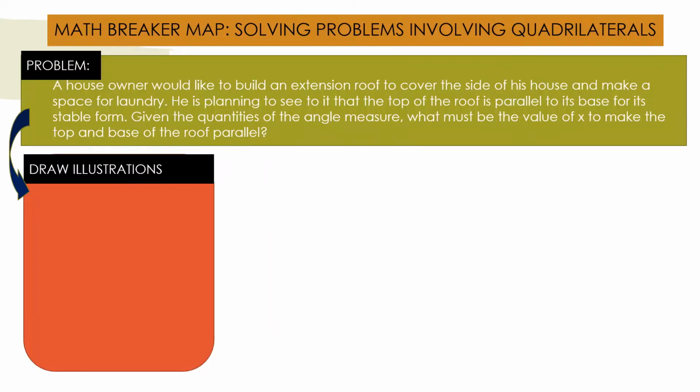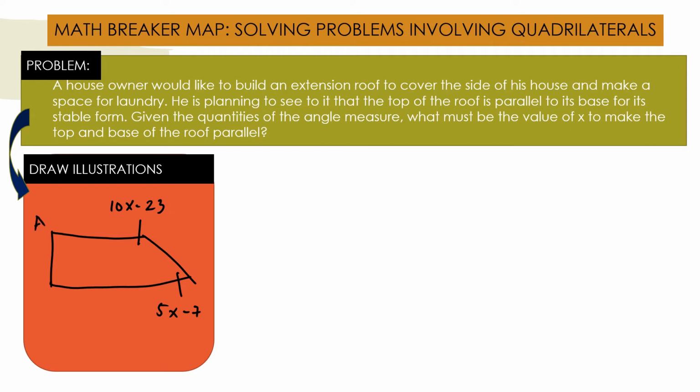Let us use a math breaker map to solve the problem, and initially let us start by having our illustration. So let's say this is the extension of the roof that we are going to have for the house, and this angle will be 10x minus 23, and this angle is 5x minus 7.